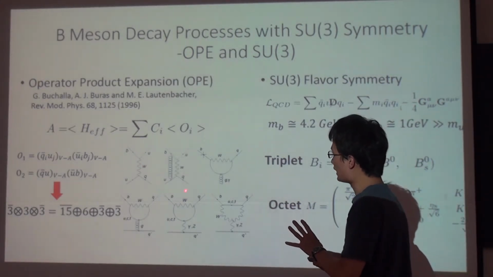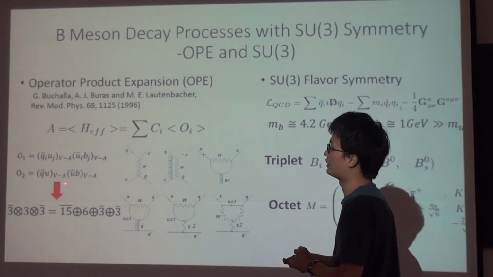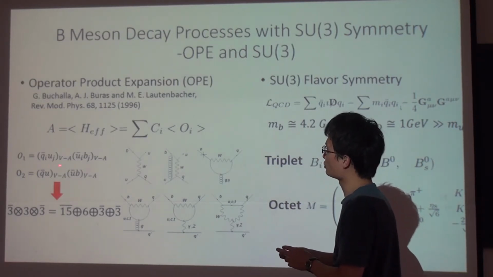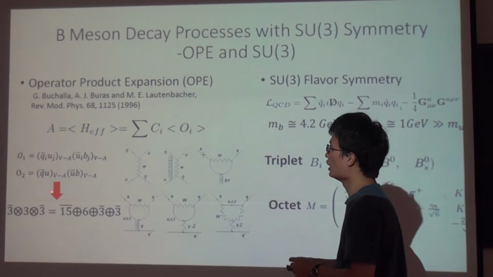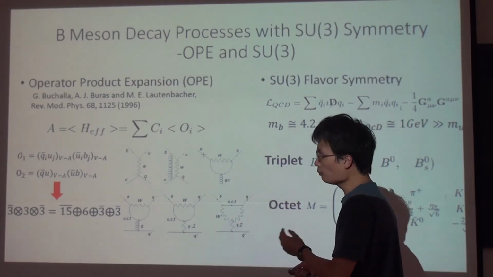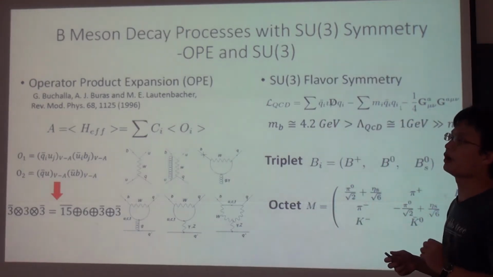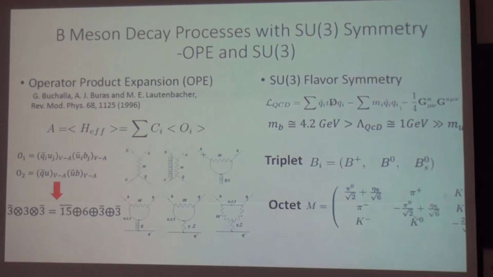Now we can see that, for example, from this Feynman diagram we have such operators. And because we have three light quarks, q, u, u, we can decompose it into more basic irreducible representations. And we can say that the irreducible representations have different contributions to this meson decay process. So we can separate them.